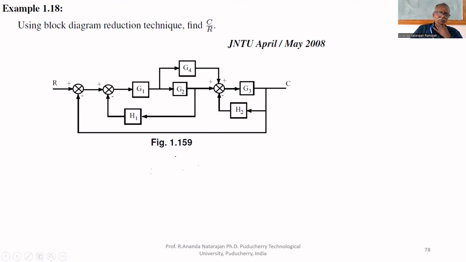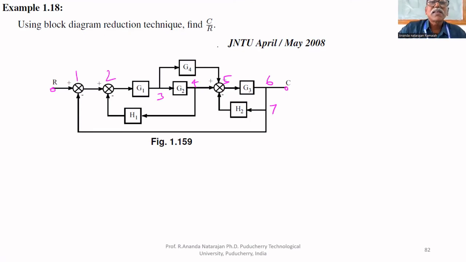Another sum. So this can be solved quickly. What are the forward paths without drawing that signal flow graph I am writing? You can assume this as if it is a signal flow graph.